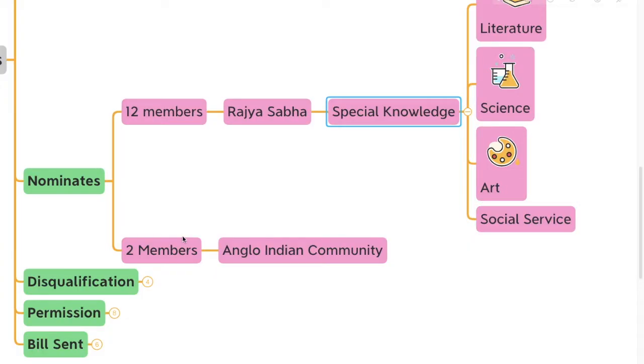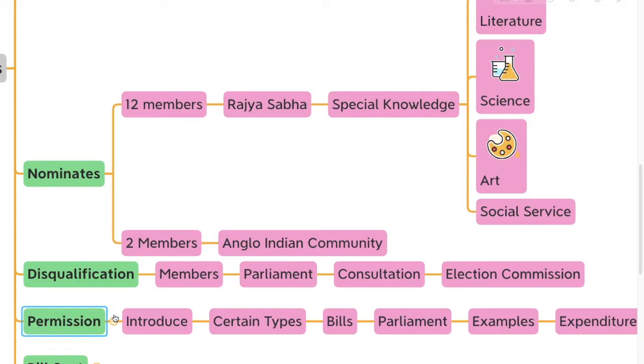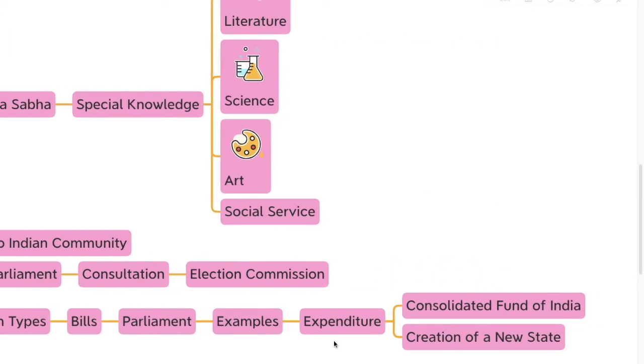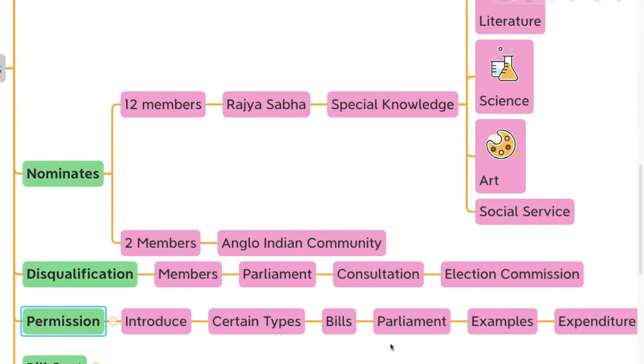He also nominates 2 members from the Anglo-Indian community. He decides the question of disqualification of the members of parliament in consultation with the Election Commission. The President's permission is required to introduce certain types of bills in the Parliament. Examples: a bill involving expenditure from the Consolidated Fund of India or creation of a new state. His permission is a must.